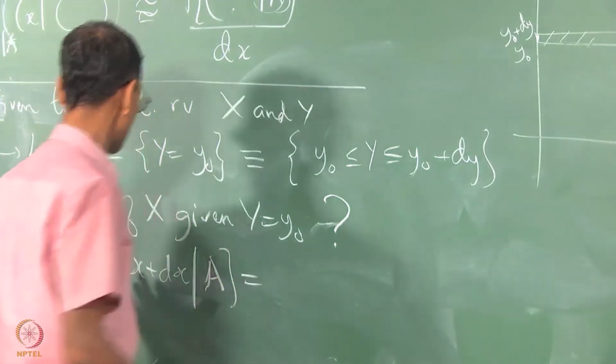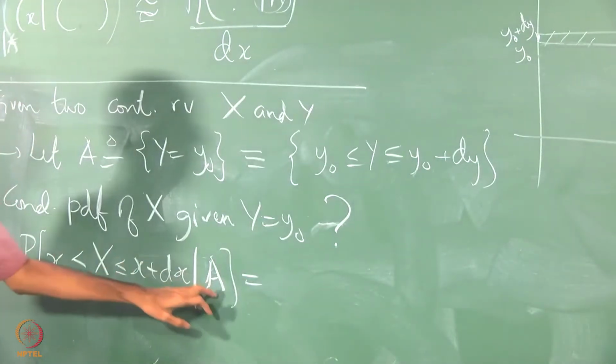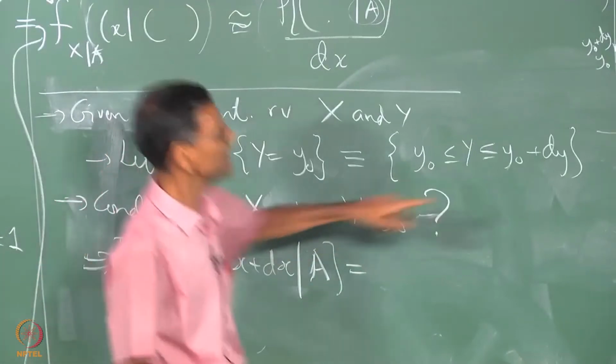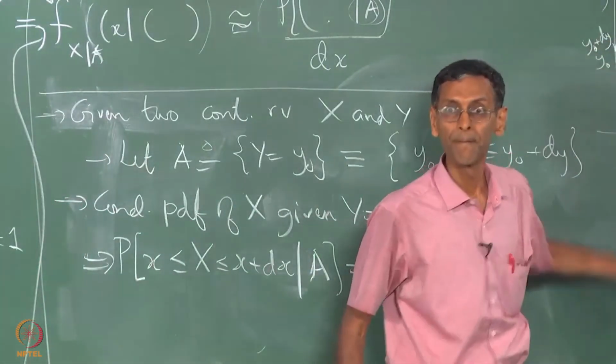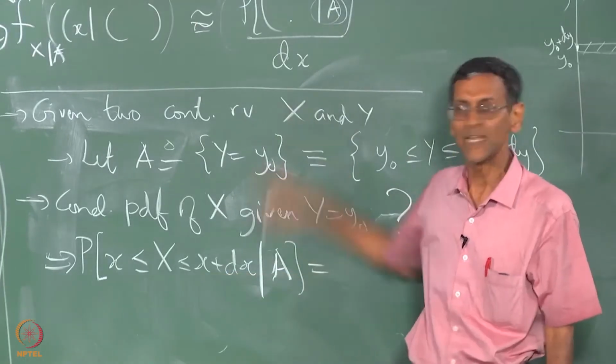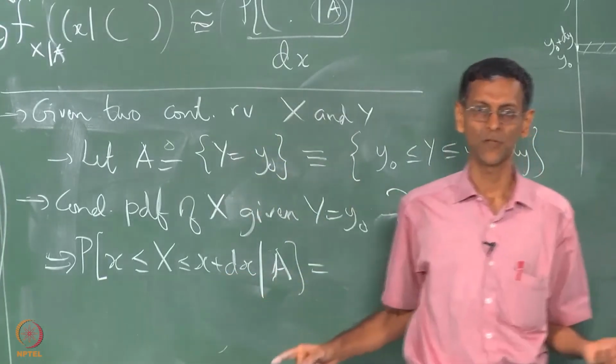Now this is no longer a subset of this. If you just look at this event, it will be this whole vertical strip. B given A, in this case B is not a subset of A. Earlier, in what we rubbed out, B was a subset of A, but now it is not.